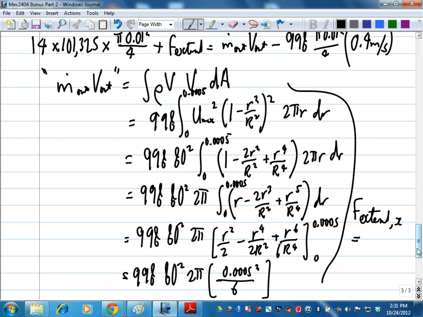The final answer, put inside here. 1.67. What the force are? F external, I don't know. 1.55 newtons.